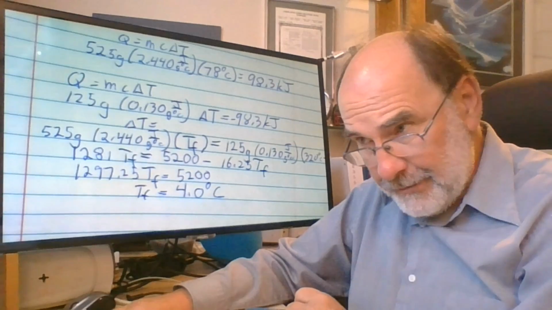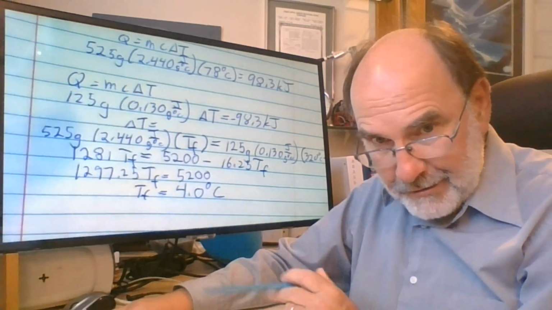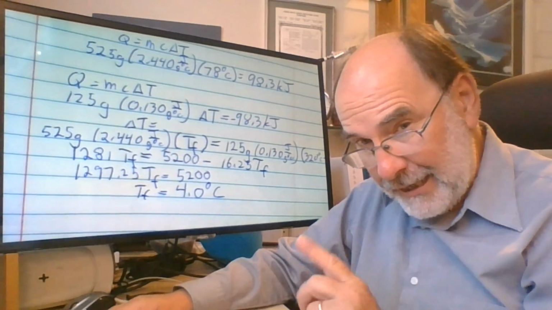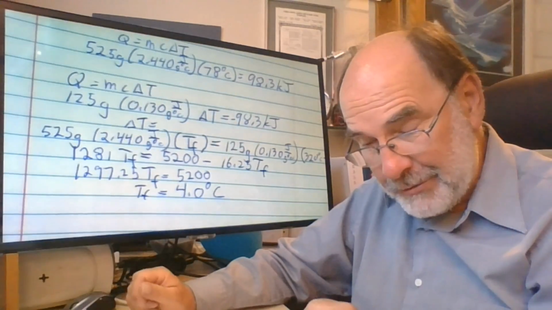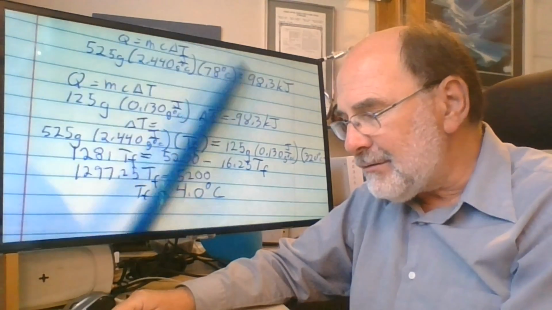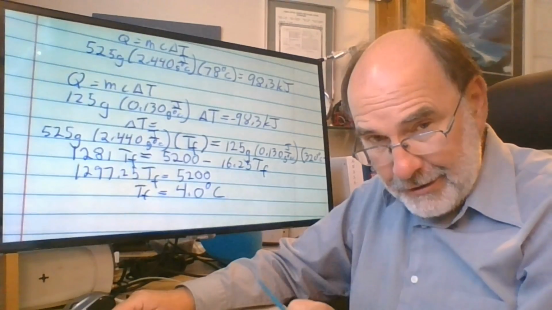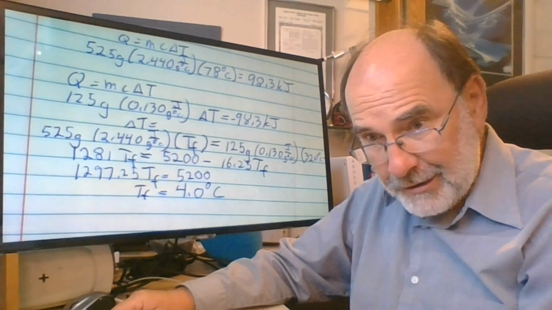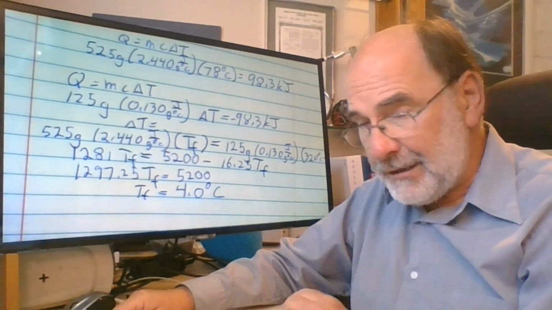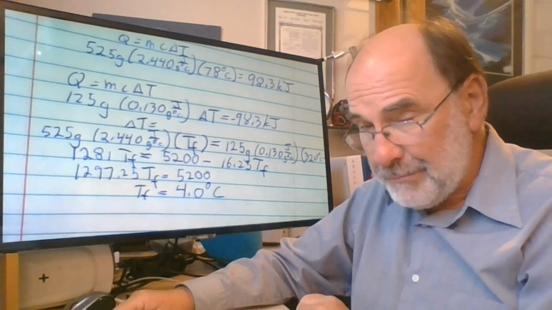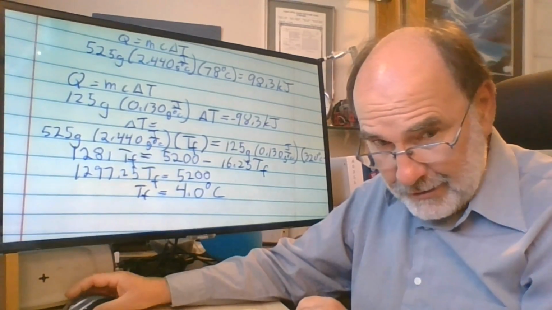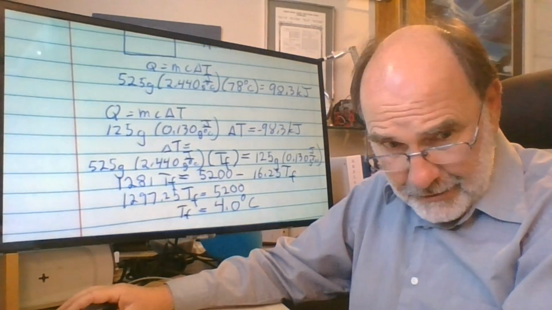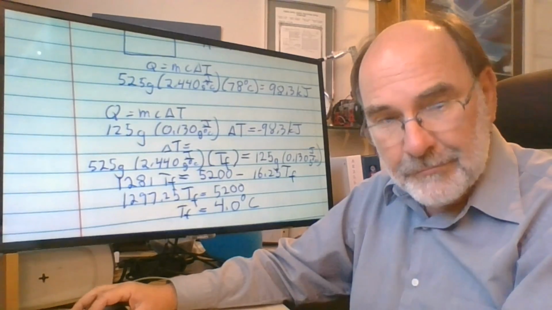So for every 20 degrees that the lead would drop, the ethanol would rise by 1 degree if they had the same quantity of both to start off with. But it turns out I have 5 times as much ethanol as I do lead. So if I thought about those two things initially, then I suppose I could have anticipated what would have happened in this case.